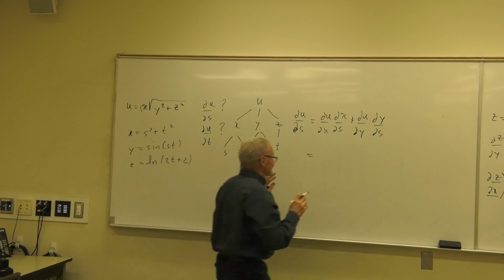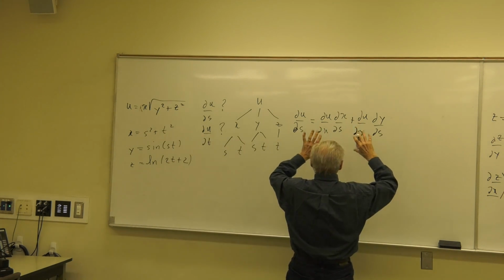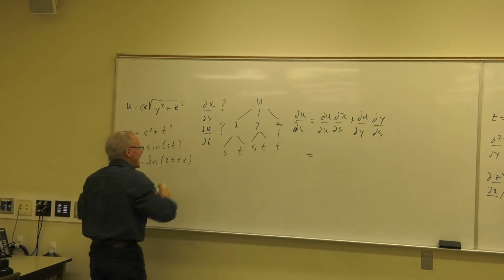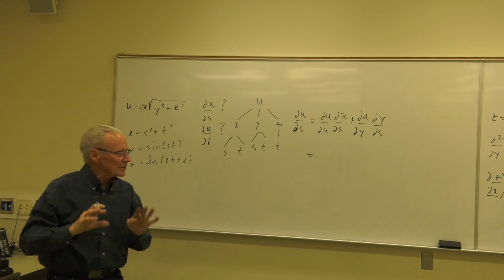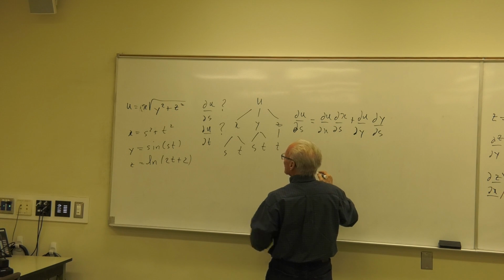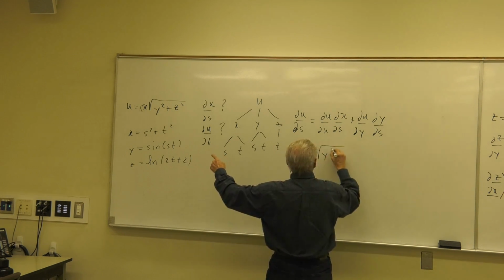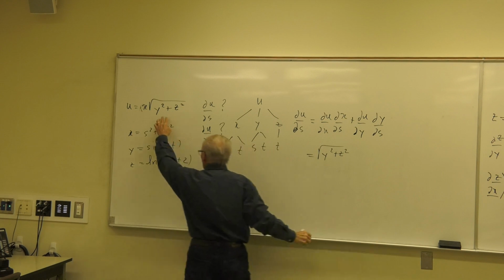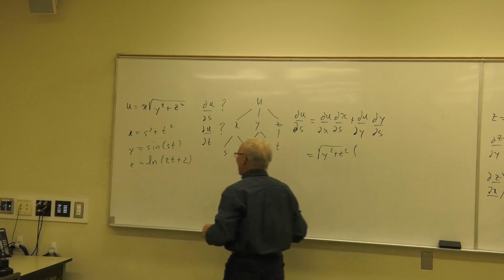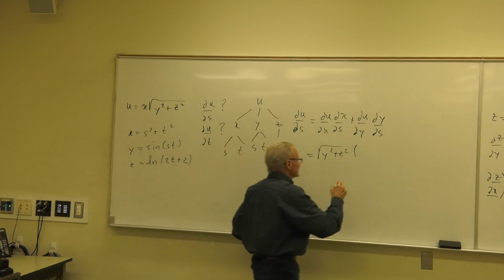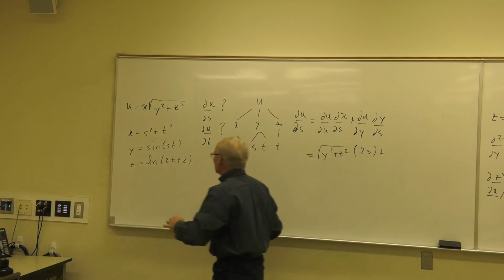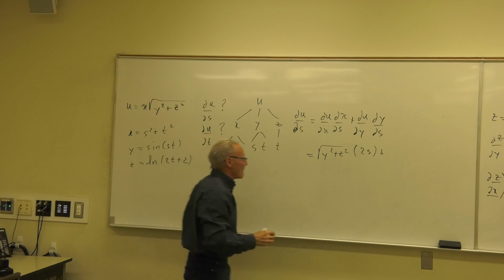And the chain rule again is designed so that you don't have to do any substitutions. You are simply going to now differentiate the functions as given to you. That's the purpose of the chain rule. So we want ∂u/∂x. ∂u/∂x is the square root of y squared plus z squared, differentiating that with respect to x, multiplied by ∂x/∂s, 2s. Plus ∂u/∂y. Now we have to differentiate this thing with respect to y.